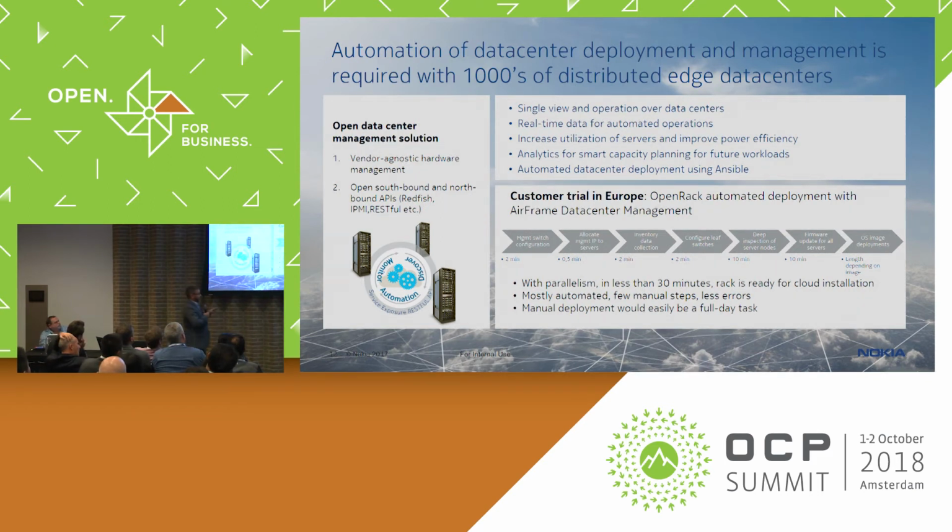Here we are showing a proof of concept or trial here in Europe, where we were deploying OpenRack using this kind of automation. And we were happy to see that we can actually shorten the deployment time for hardware from what used to be like 2 days in the past, can be now achieved with the automation in less than 30 minutes. And with much less manual steps, much less errors.